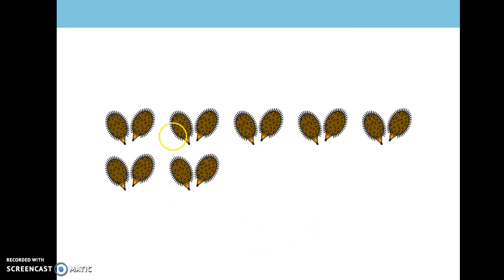Let's have a look at this one. How many groups have we got here? We've got 1, 2, 3, 4, 5, 6, 7. 7 groups of hedgehogs, and in each group there is 2, isn't there? 2, 4, 6, 8, 10, 12, 14.